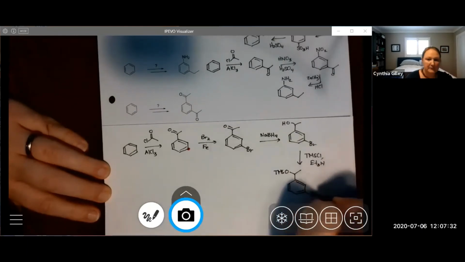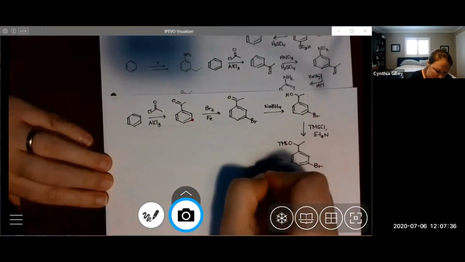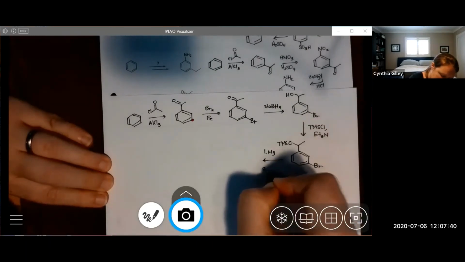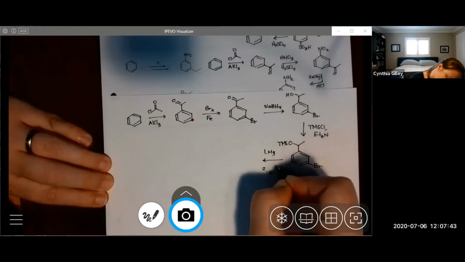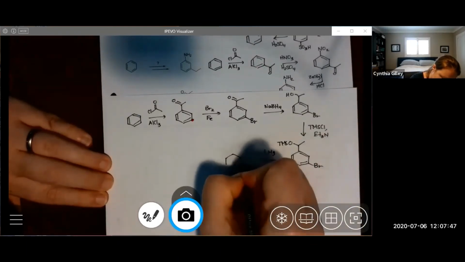Now we can do the Grignard reaction, which will involve treatment with magnesium and an aldehyde, and an acidic workup, which is often not mentioned.